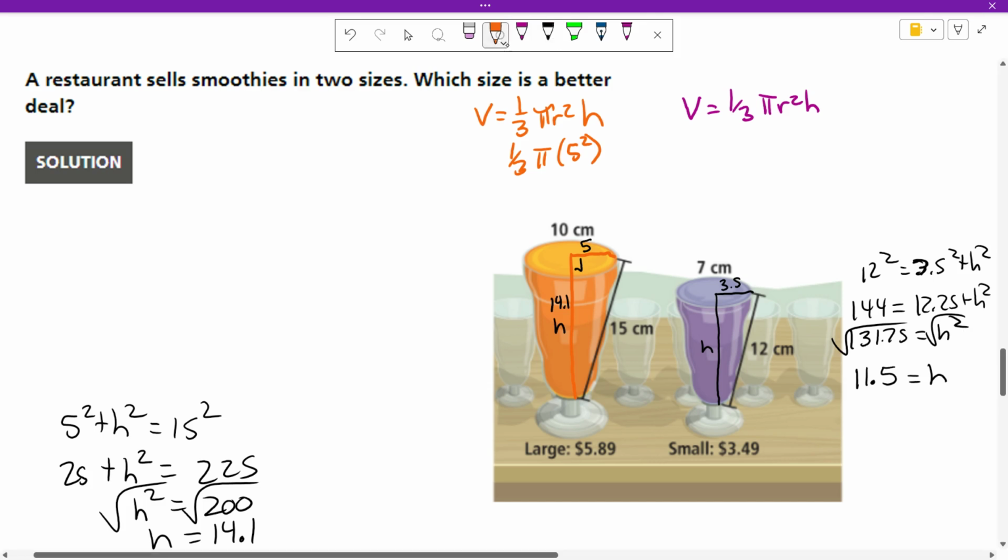All right. So the height of the orange one is 14.1. So if we put this into a calculator, what's the volume of the orange one? 1/3 times pi times 5 squared times 14.1.